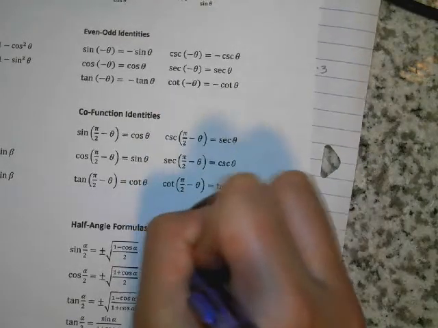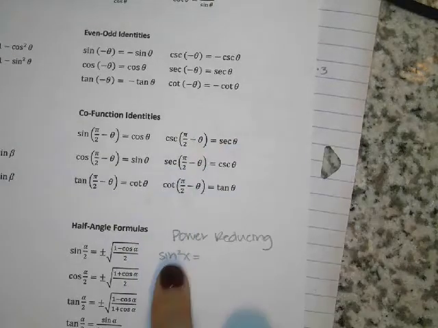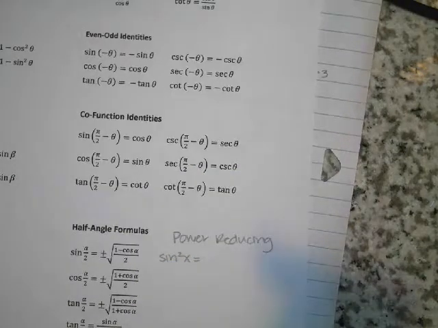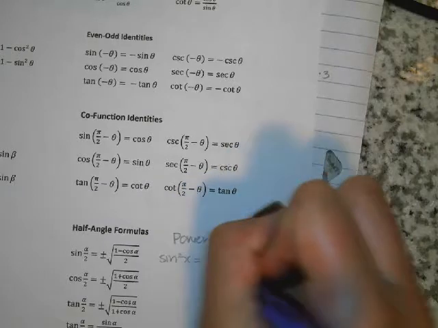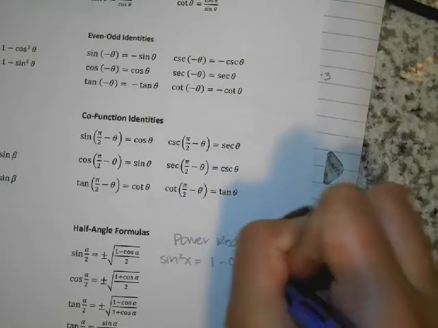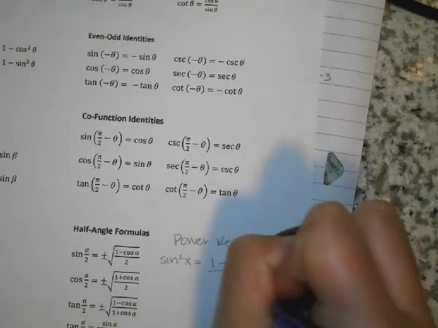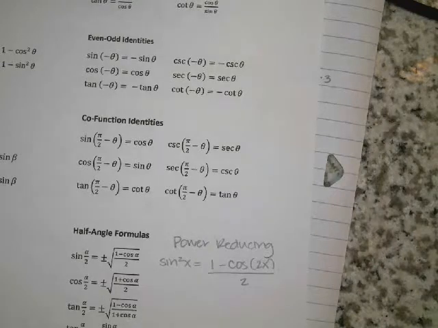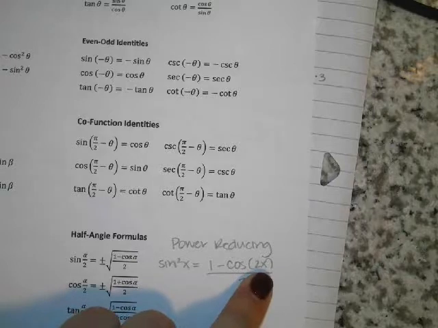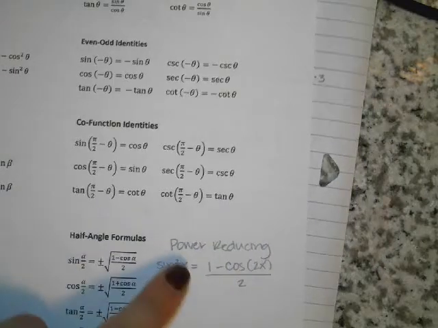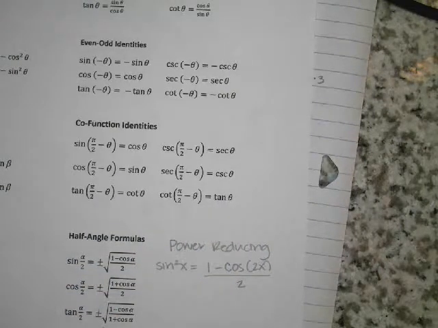If you have sine squared and you don't want to have an exponent of 2, then you can replace any sine squared that you see with 1 minus cos 2x divided by 2. Because there will be a point in calculus when it's easier to deal with a 2x on the inside than it is to deal with the squared on the outside.